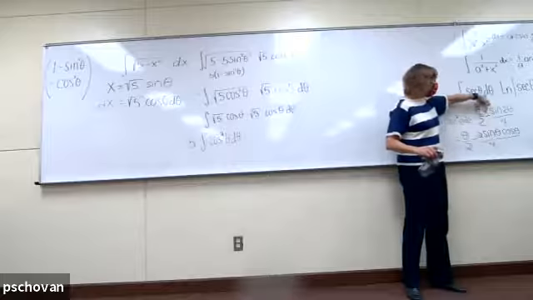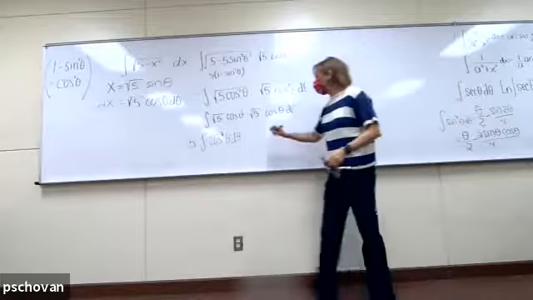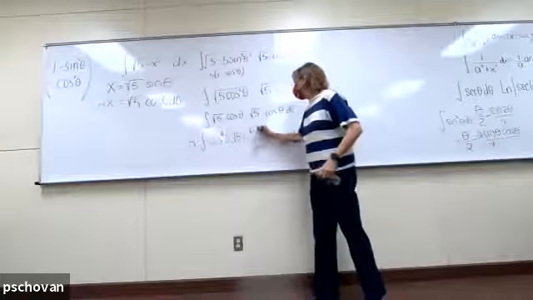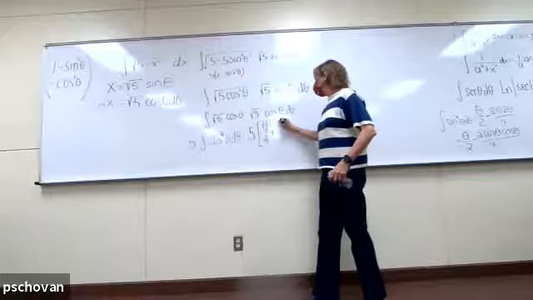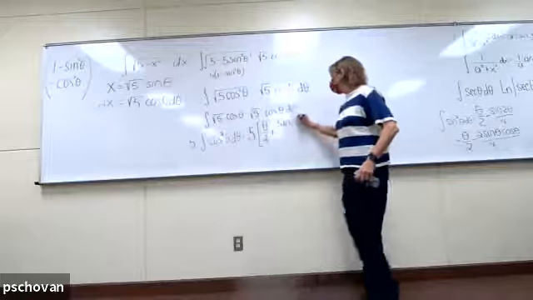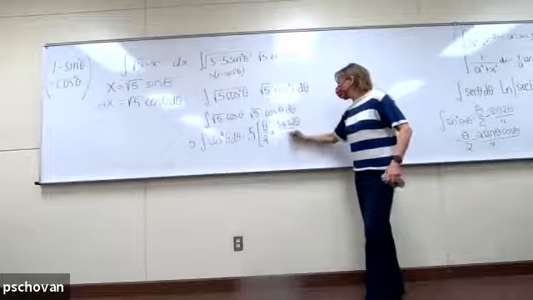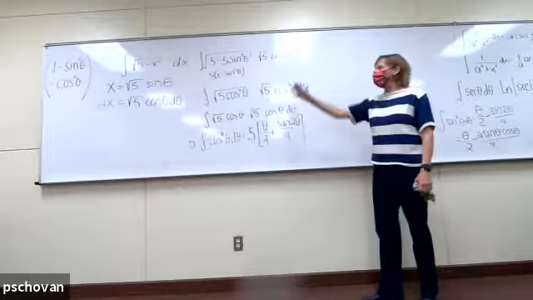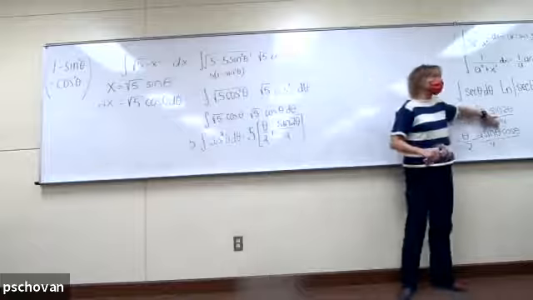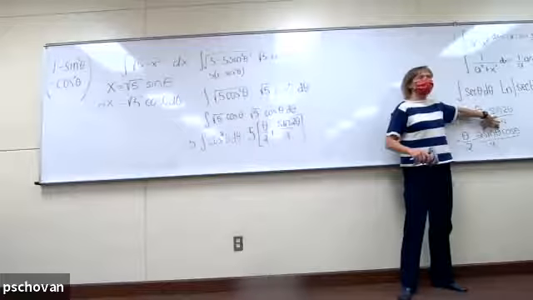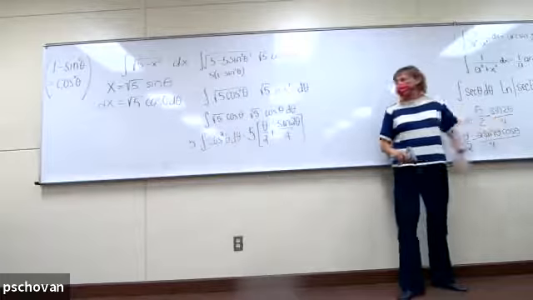So we get theta over 2 plus the sine of 2 theta over 4. But I know I'm going to need to go back to the sine of theta instead of the sine of 2 theta. So I'm going to use this identity here and replace the numerator with 2 sine theta cosine theta.